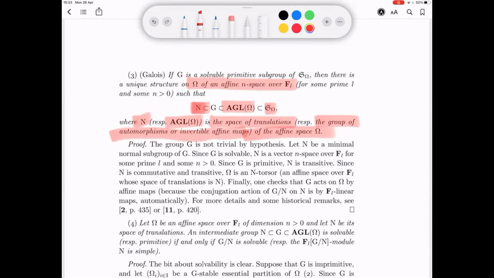So if I have a principal homogeneous space S, and I choose an element x in S, then I get a bijection from the group G to the set S, which takes the identity element of G to this x. There's a unique bijection which respects the translations by G. G itself acts on itself by left translations, right?